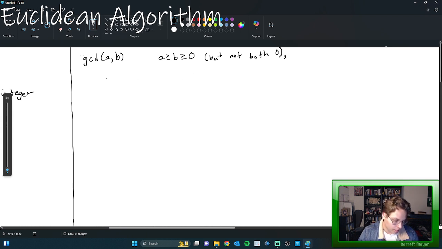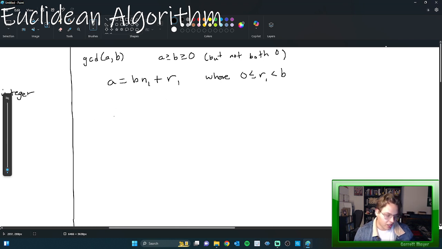So what we're going to do is start by just writing A equals B n1 plus R1, where 0 is less than or equal to R1, which is less than B, which is possible by the division algorithm. If you remember the division algorithm from the last video.